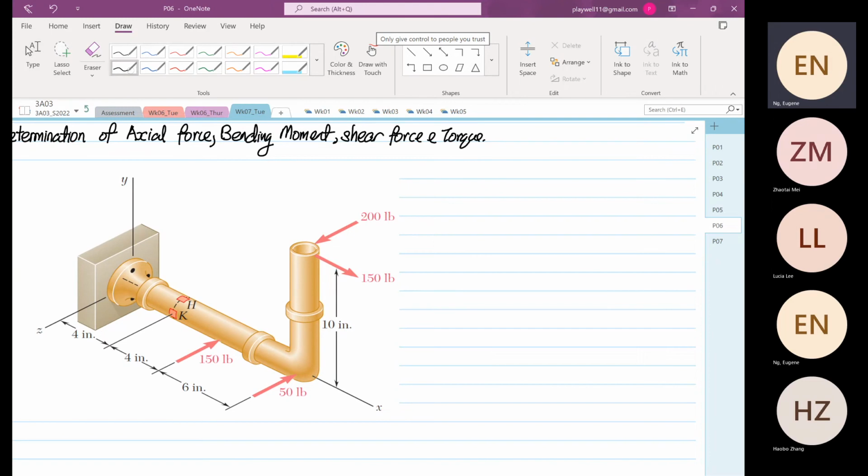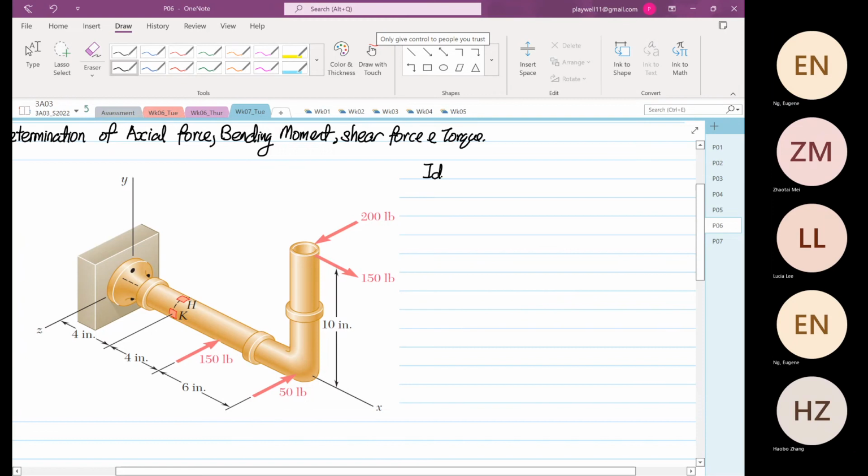So for this case, we are going to identify or calculate the stresses acting on element H and element K.